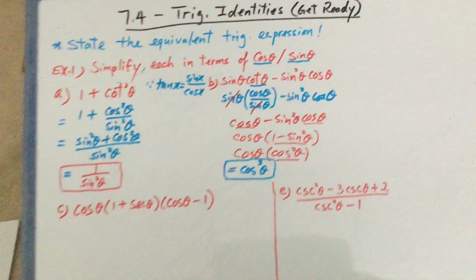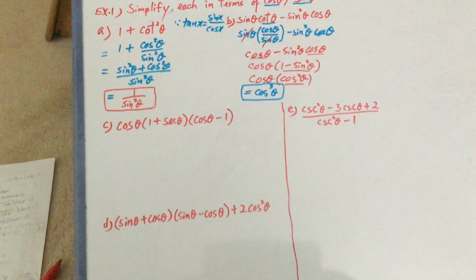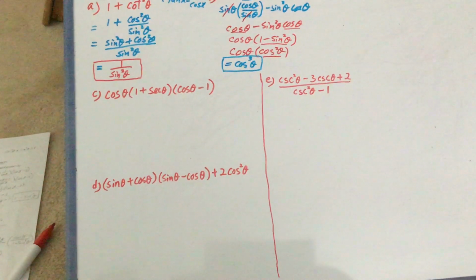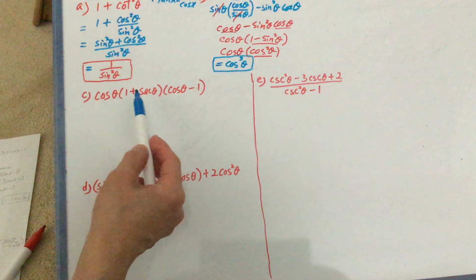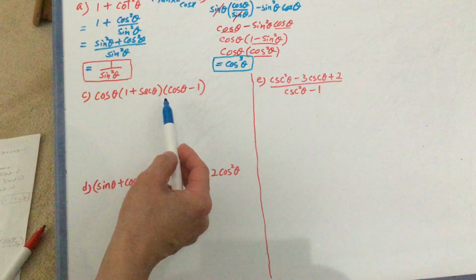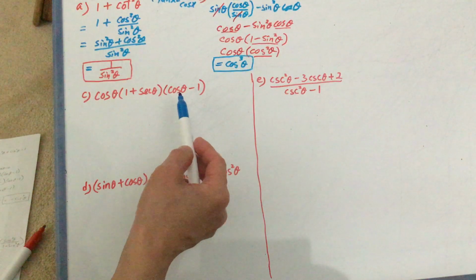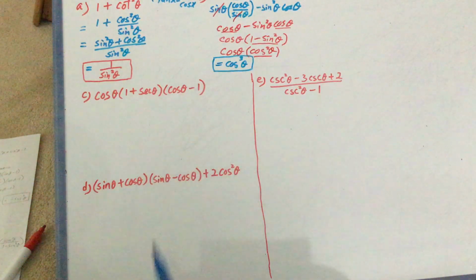Continue with example C, when you have cos theta times 1 plus secant theta, and times another cos theta minus 1.